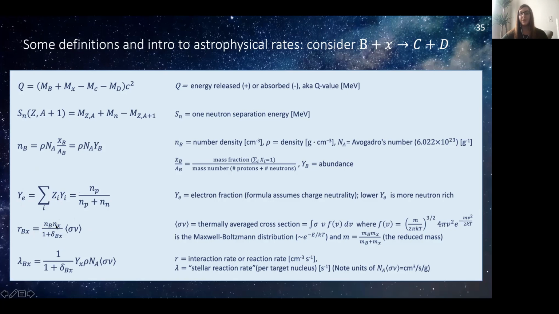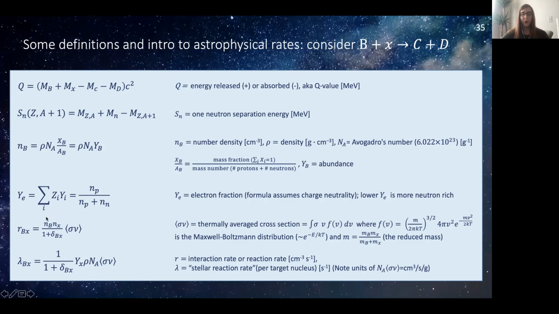If these 2 are the same, then this becomes 1, and you divide by 2 in order not to double count your species. This right here is your thermally averaged cross-section, which typically, because these are nucleons, you're going to average over a Maxwell-Boltzmann distribution. So that's all written out here more explicitly, okay?